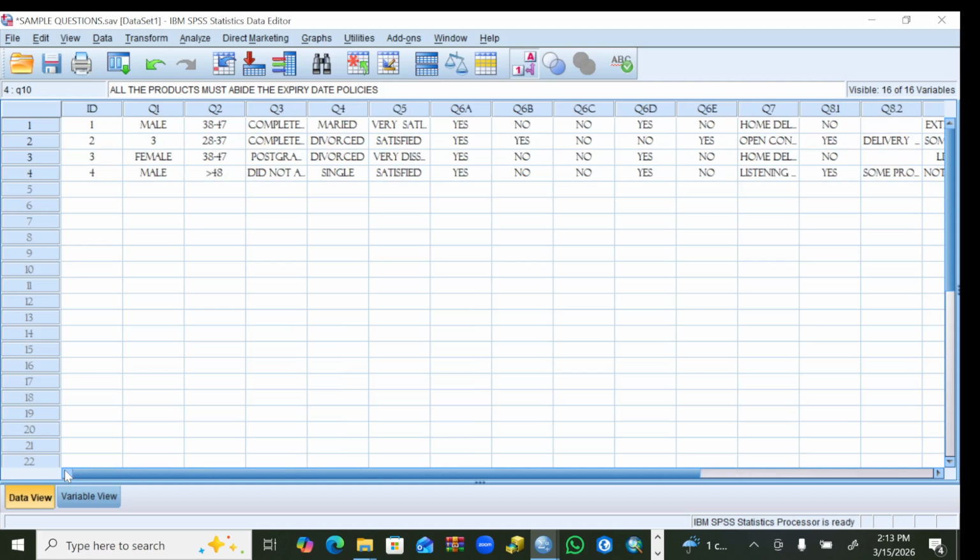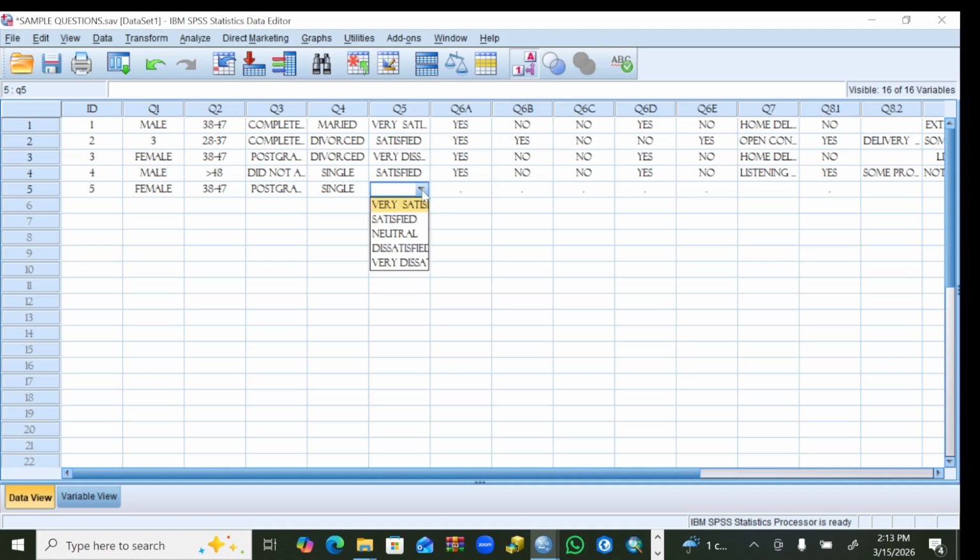Okay. Then you go to respondent number 5. We say number 5 is female. The age is this one, which is number 3. Educational level, we say postgraduate. And then we say is still single.